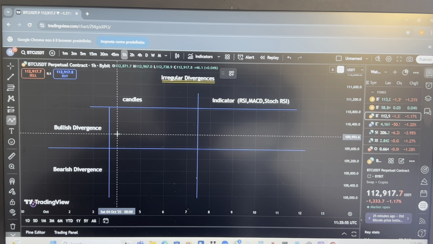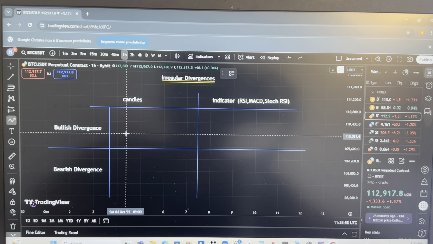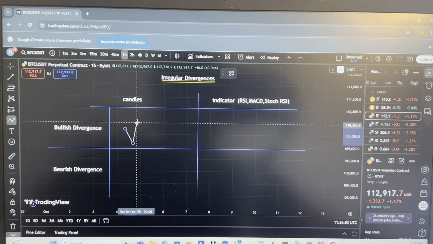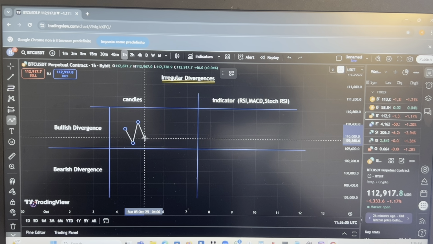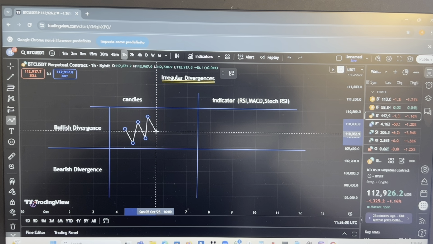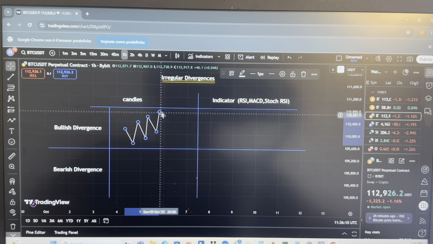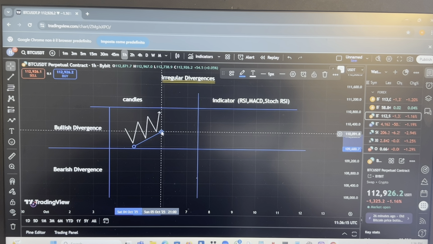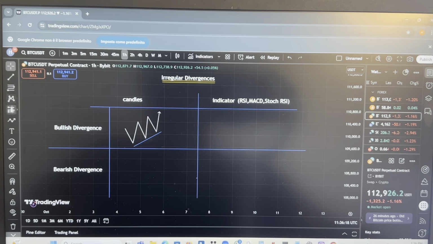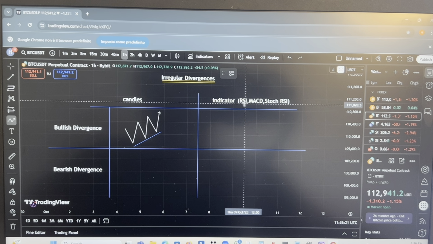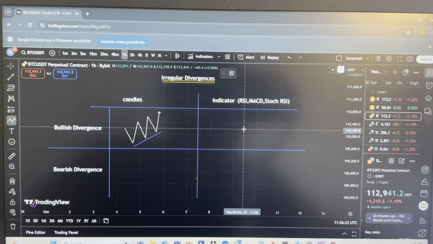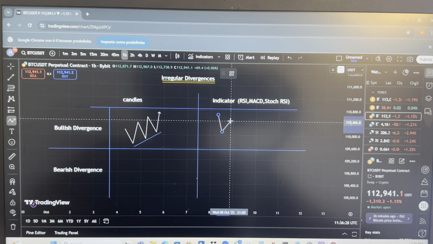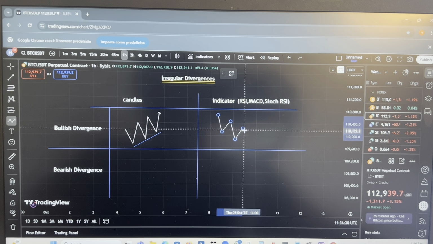So for bullish divergence, the market is making higher lows, just like this, and there you go, that's another higher low. While the market is making higher lows, the RSI indicator, because we are only using RSI right now, shows that it's making lower lows.